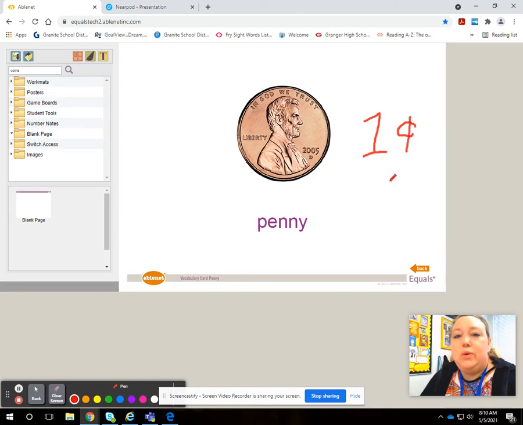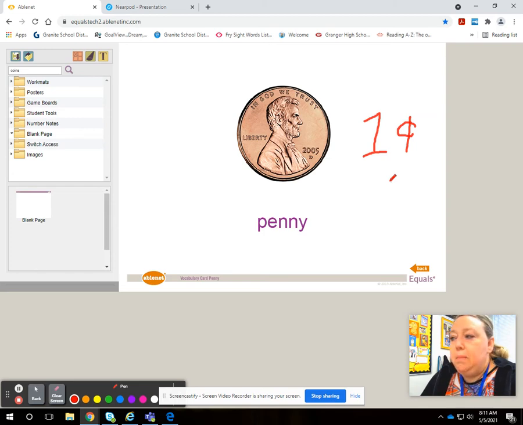It's only worth one. Ugh, I can hardly buy anything with a penny. I would have to add up a lot of pennies so that I could actually buy something, because everything costs way more than a penny these days. There are some stores where you can buy penny candies, but most of them are like 3 cents or 5 cents for one piece of candy.